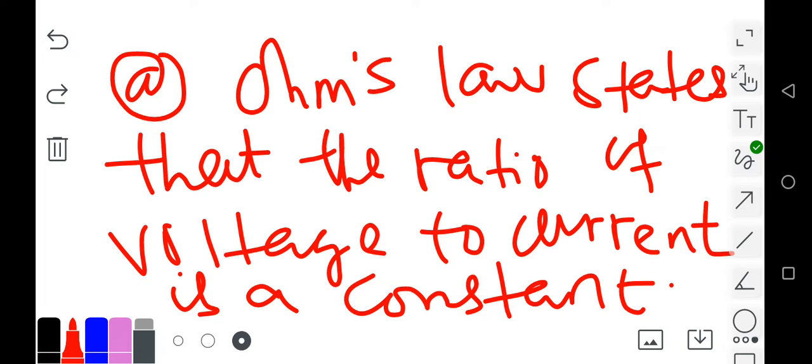And of course that constant is normally called the resistance. Okay, so that's Ohm's law. That's what it states.